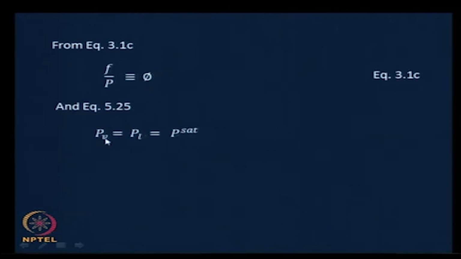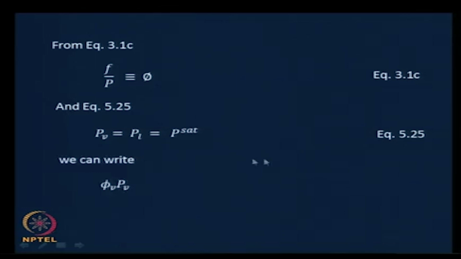Now, from equation 3.1c, you can go back and take a look at what it exactly says. I am going to restate it here anyway. It said that f by P was defined as the fugacity coefficient phi, and equation 5.25 is P_V equals P_L equals P sat.